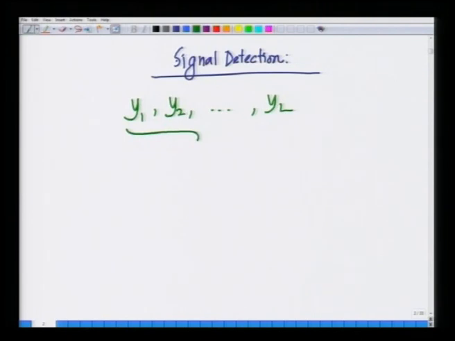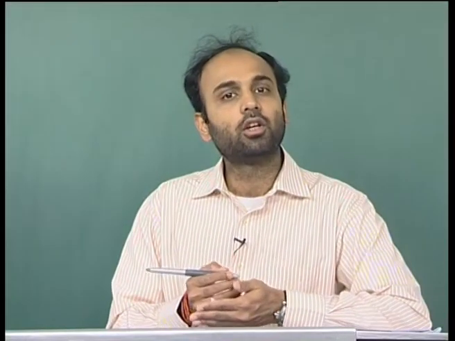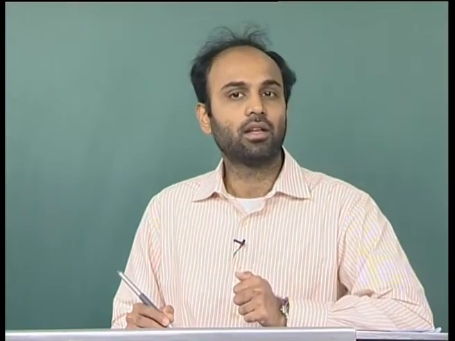These are the signals received at the L receive antennas. What I will do is now I will combine these signals to detect my transmitted signal X.